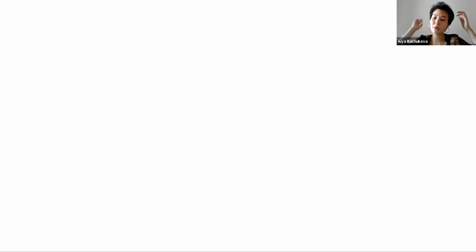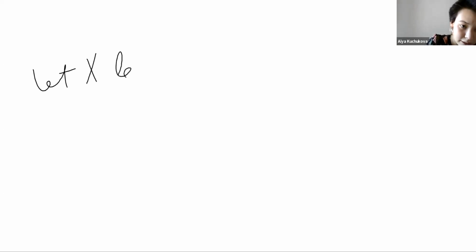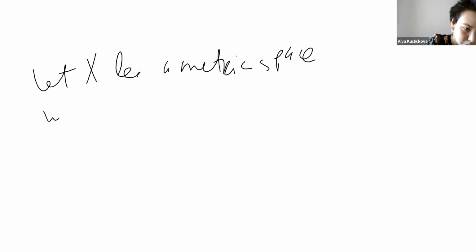And so we want a metric which would be similar to the other metric we have, but would always give us good results. We would call it d bar. So for example, let X be a metric space with metric d.